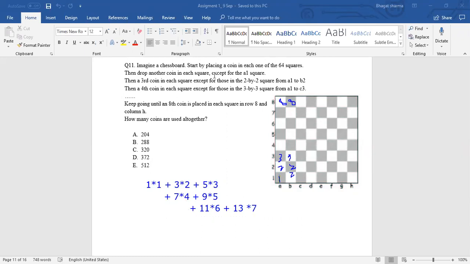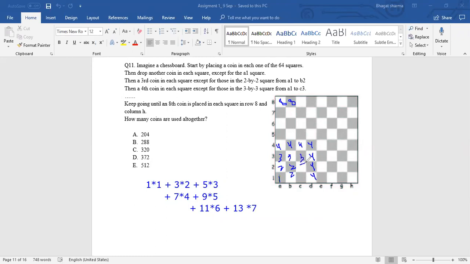See, this one is 4, 4, 4, 4, and this will also have 4 coins, 4 coins, 4 coins. This has 3 coins.